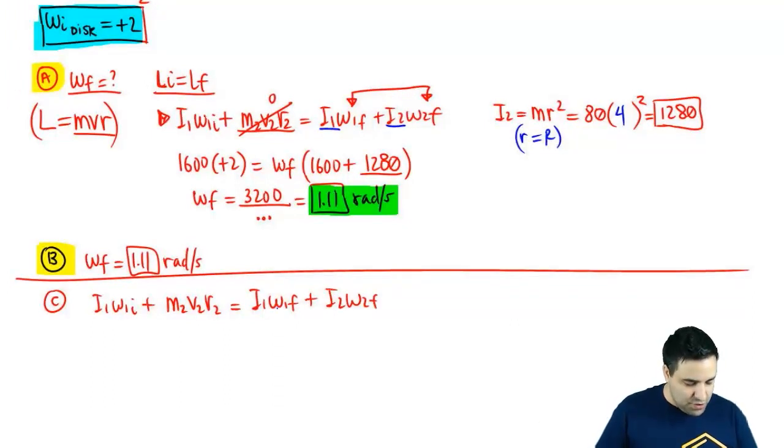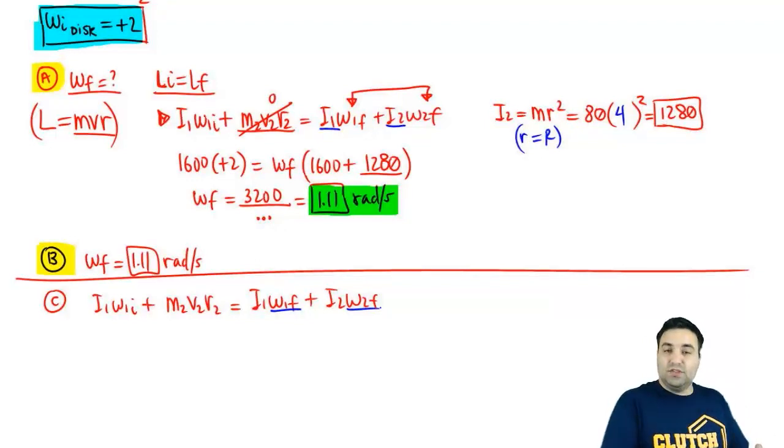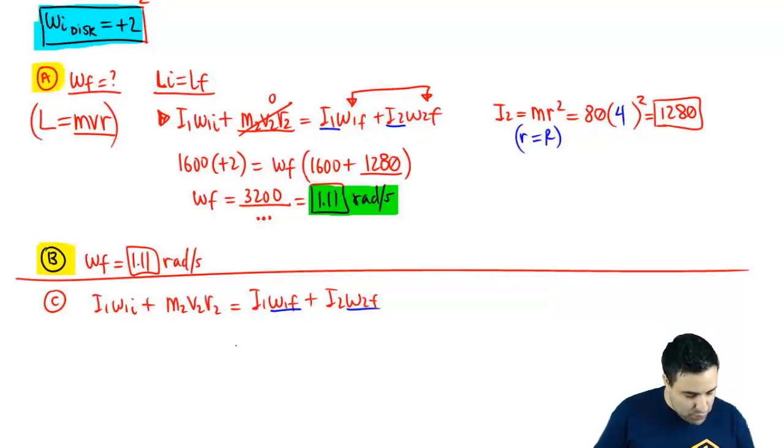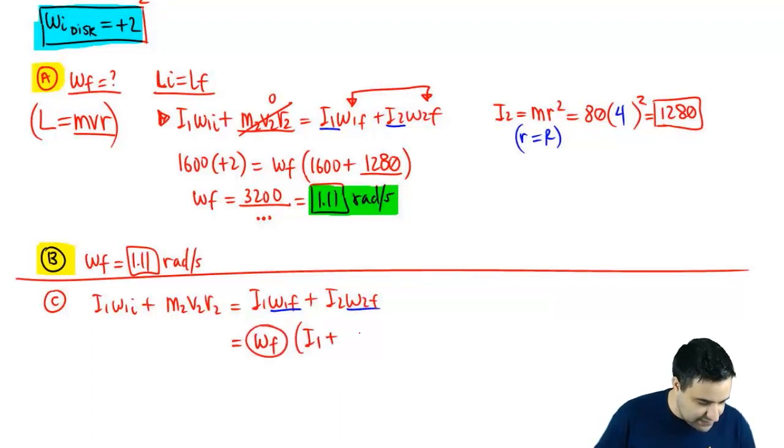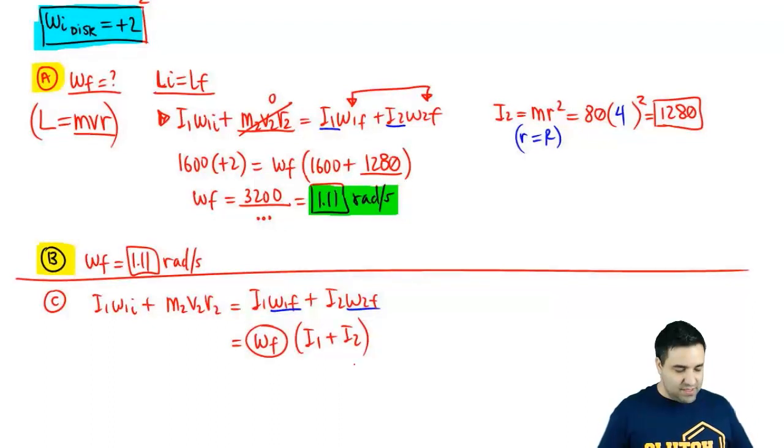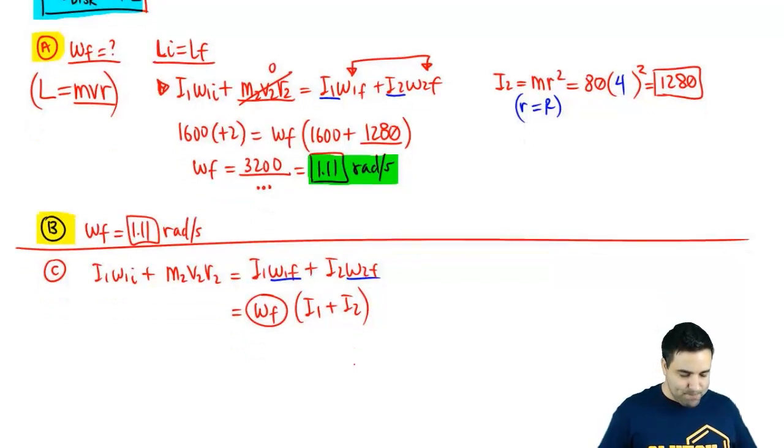In all of these questions, you will rotate with the disk once you land on it, so your omega 1 and omega 2 at the end will be the same, which means we can do this: omega final times I1 plus I2. This doesn't change. Okay?